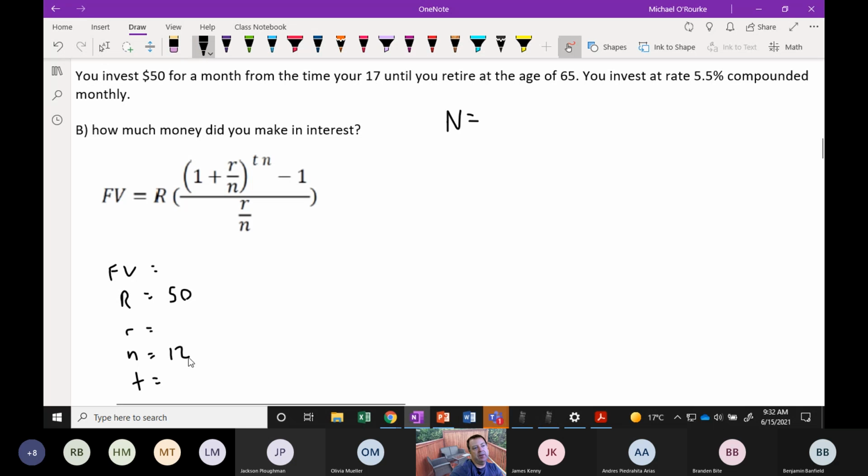N is 12. Good. My R is 0.055. My T is 48. Yep. Because it's 48 years between the time you're 17 and 65. All right, so now we're all set up. I'm going to give you guys a minute to see if you can put this information into that formula.